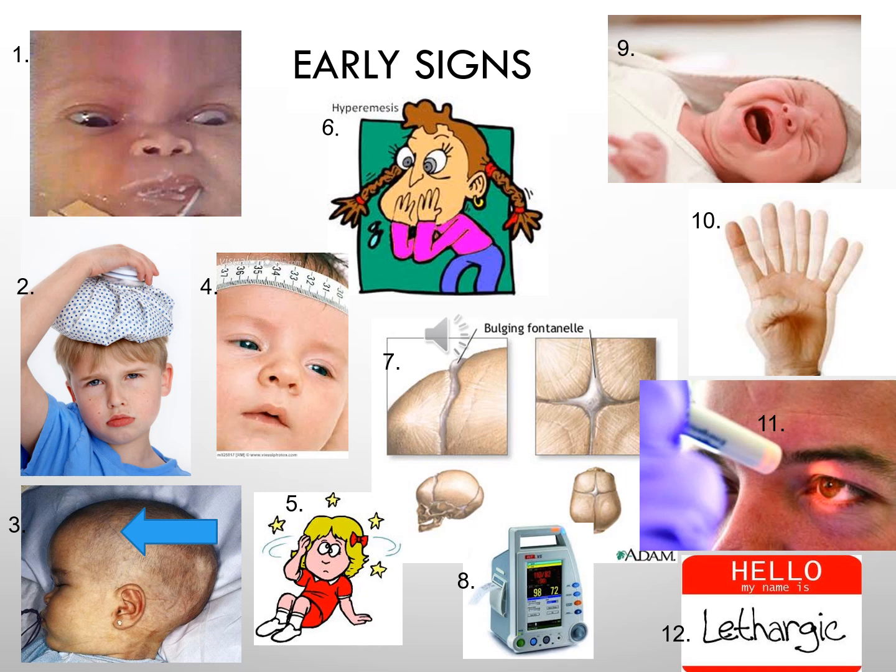And then 10, visual disturbances such as double vision, number 11, pupils not reacting, or they're not equal. And then you have that they are lethargic.